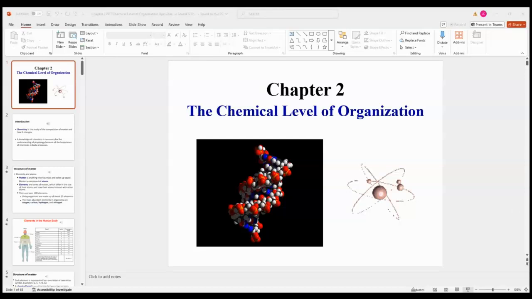The most abundant element in your body is oxygen. So the body is 65% oxygen, 18 or so percent carbon, and hydrogen, nitrogen, calcium, phosphorus. These are the most abundant elements that make up your body.